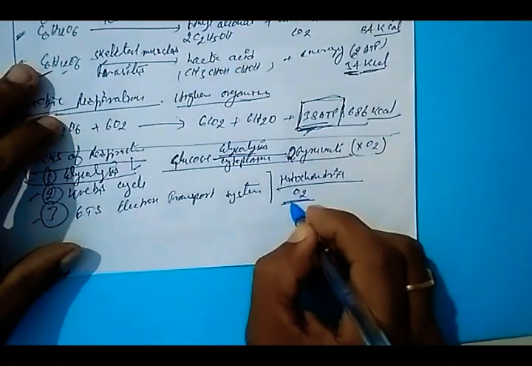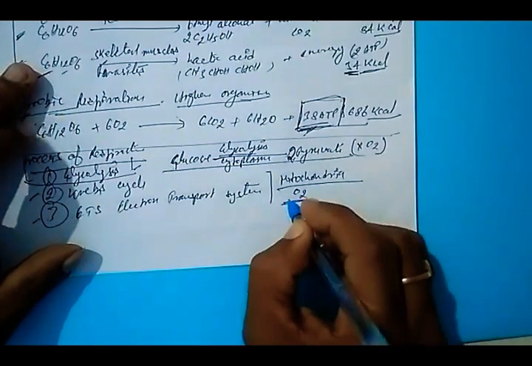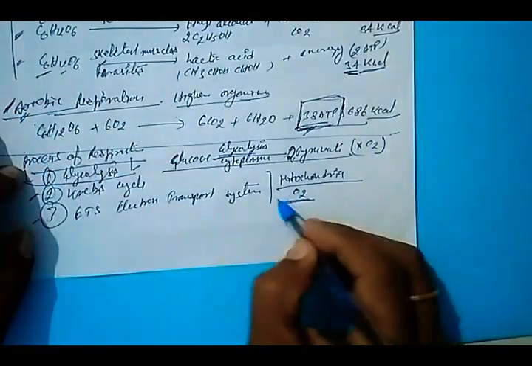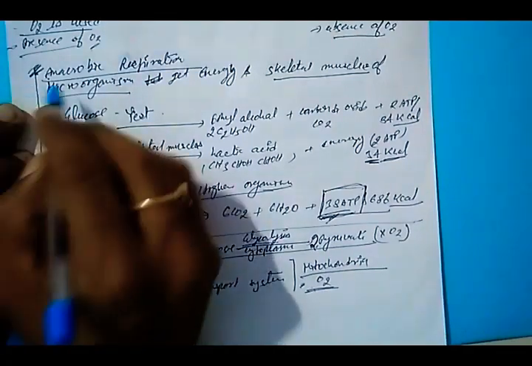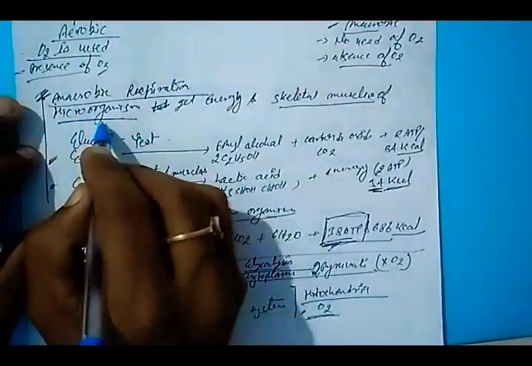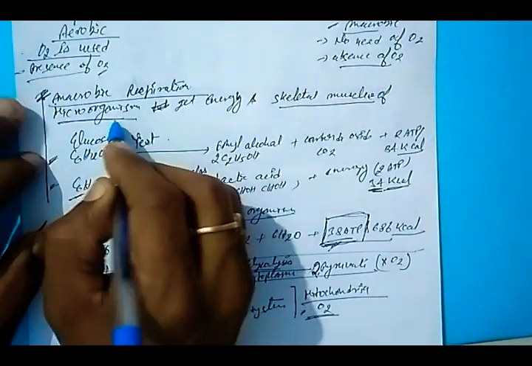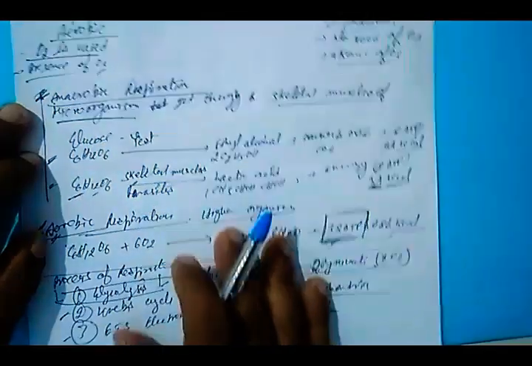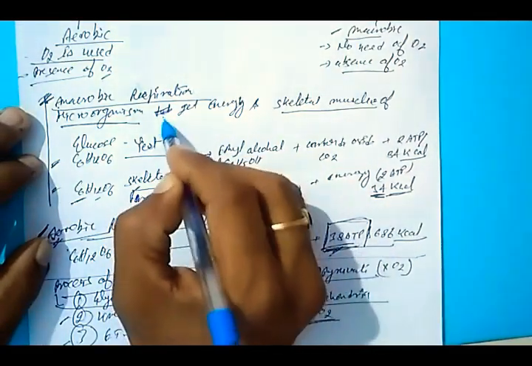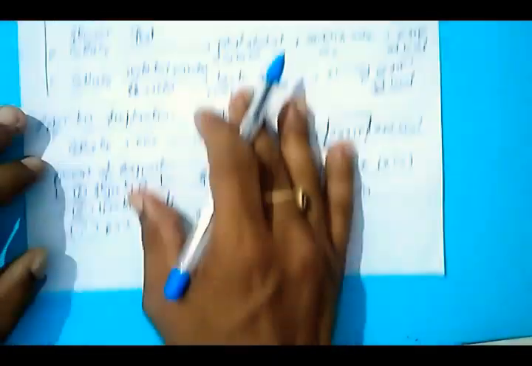So the oxygen that you breathe is used during aerobic respiration inside the mitochondria. And in microorganisms, you know that most of the cell organelles are absent, like mitochondria is not present. That's why there is no need of oxygen during anaerobic respiration.